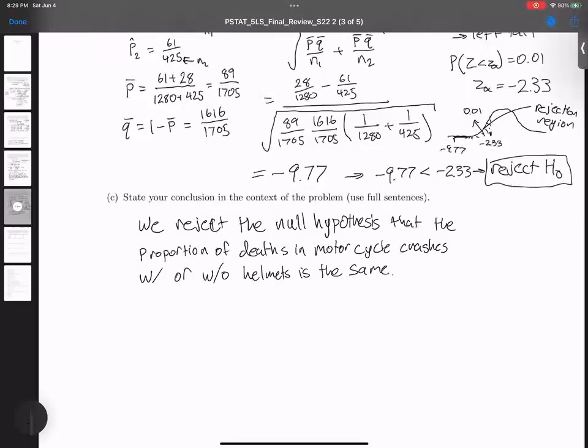So that is a way in English to say that the proportion of deaths with helmets is equal to the proportion of deaths without helmets.